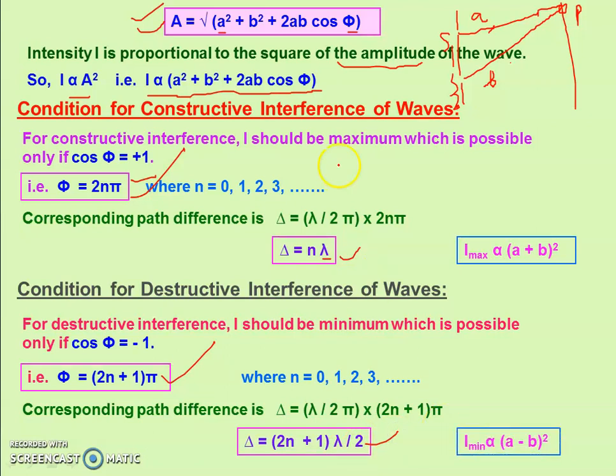In the case of constructive interference, the intensity becomes maximum and is directly proportional to (a plus b) whole square. Whereas the minimum intensity, or the intensity of destructive interference or the dark fringe, is directly proportional to (a minus b) square, right?